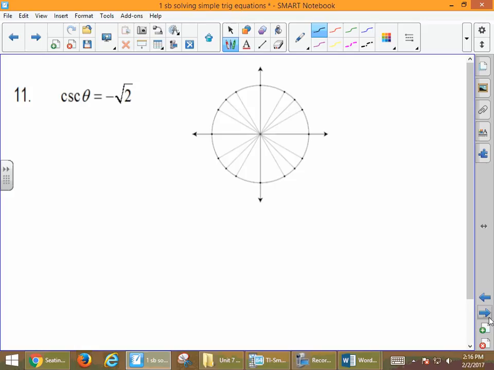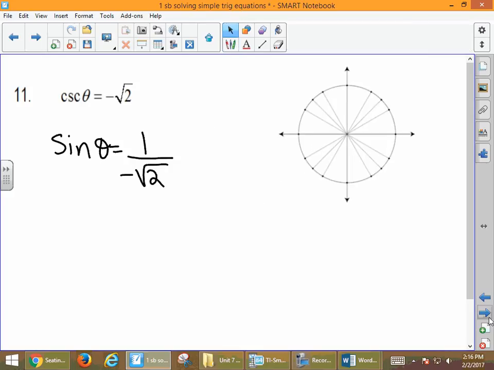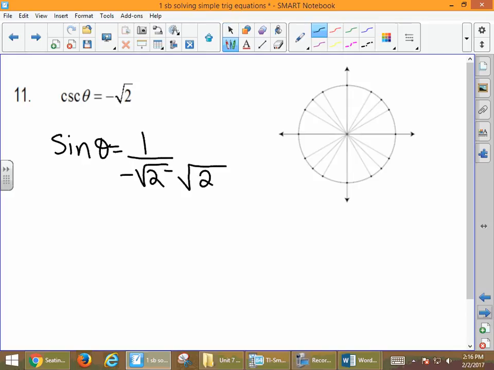Sine. So it's going to be sine of theta. Since we're taking the reciprocal, this is going to be 1 over negative the square root of 2. And once again, we need to get rid of that radical in the denominator. So we're going to multiply, and really by negative radical 2, if you want to get technical.